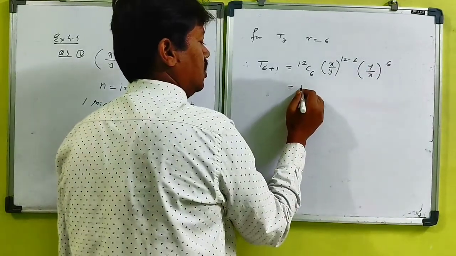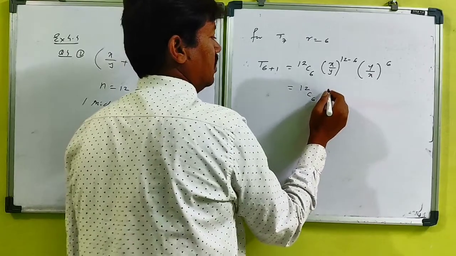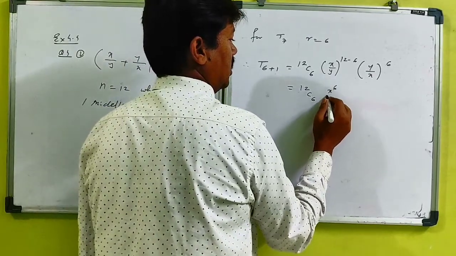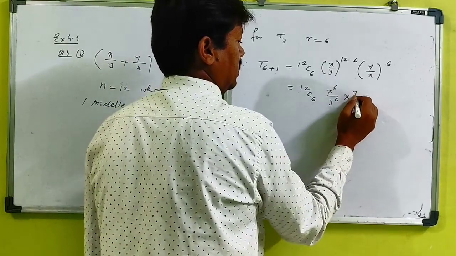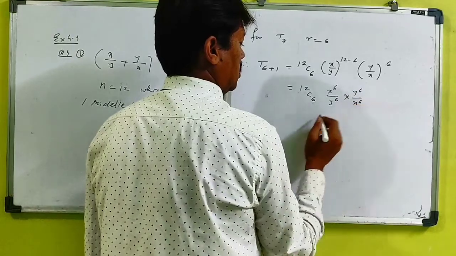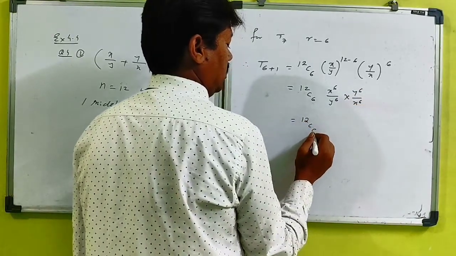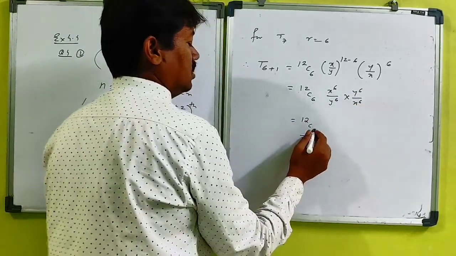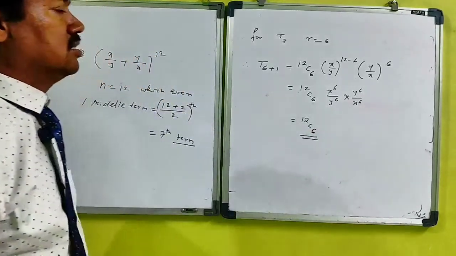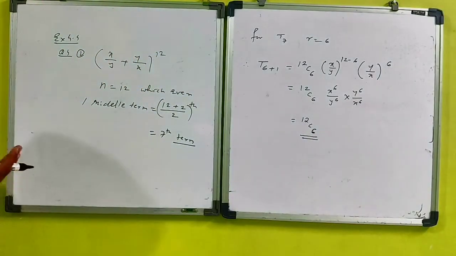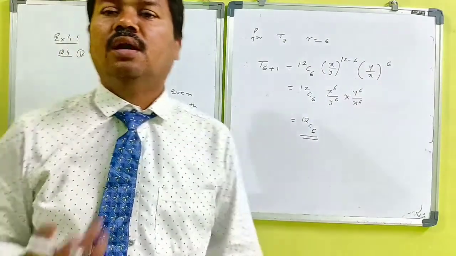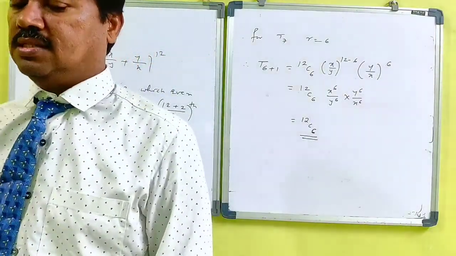So that is 12C6 x raised to 6, y raised to 6, and so on. So the answer is very simple: 12C6. You can calculate the value of 12C6 if you want, but the answer here is 12C6.